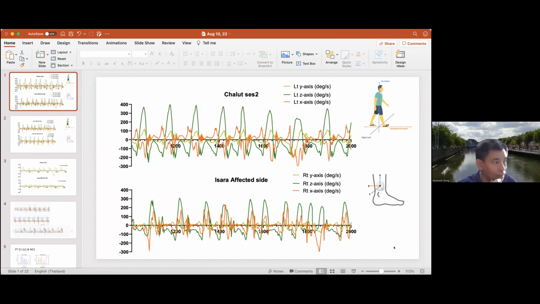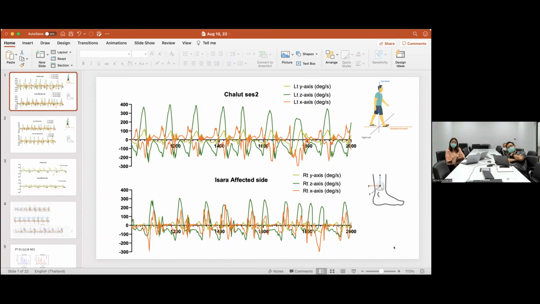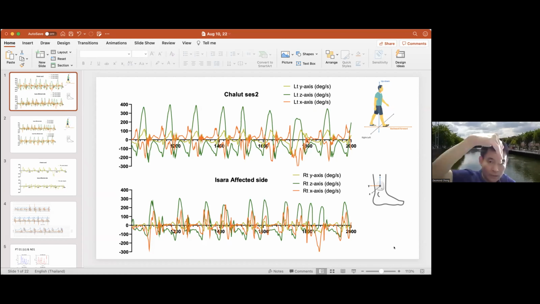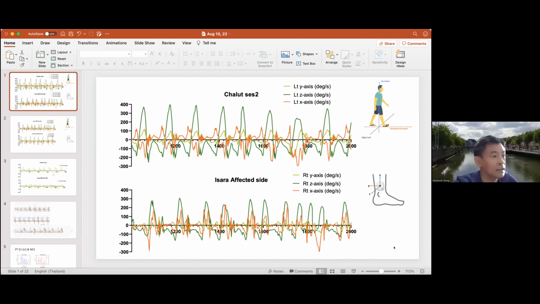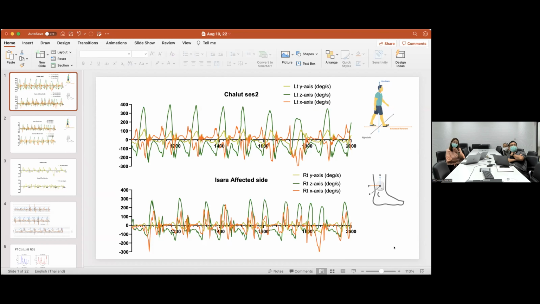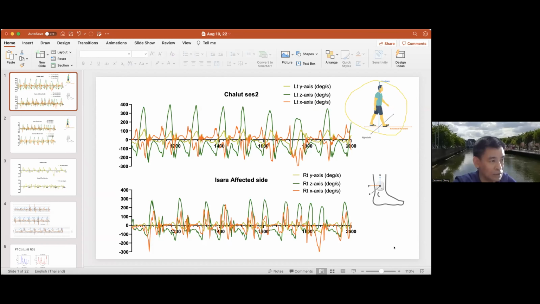If it's a positive area, that means it's swinging anteriorly, the range of motion or the angle, and when it becomes negative, you will be swinging backwards. Assuming the center point is here, the reference point is the vertical.